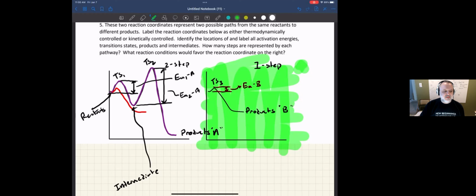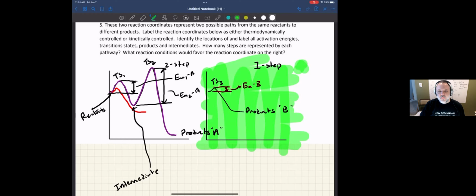Well, let's take a look at the different reaction coordinates. Now I'm thinking about the purple reaction coordinate only. Is that thermodynamically controlled or kinetically controlled? In order to answer the question about control from the same reactants to different products, we need to consider the fastest reaction, in other words the one with the smallest activation energy, and we also need to consider the lowest energy products.